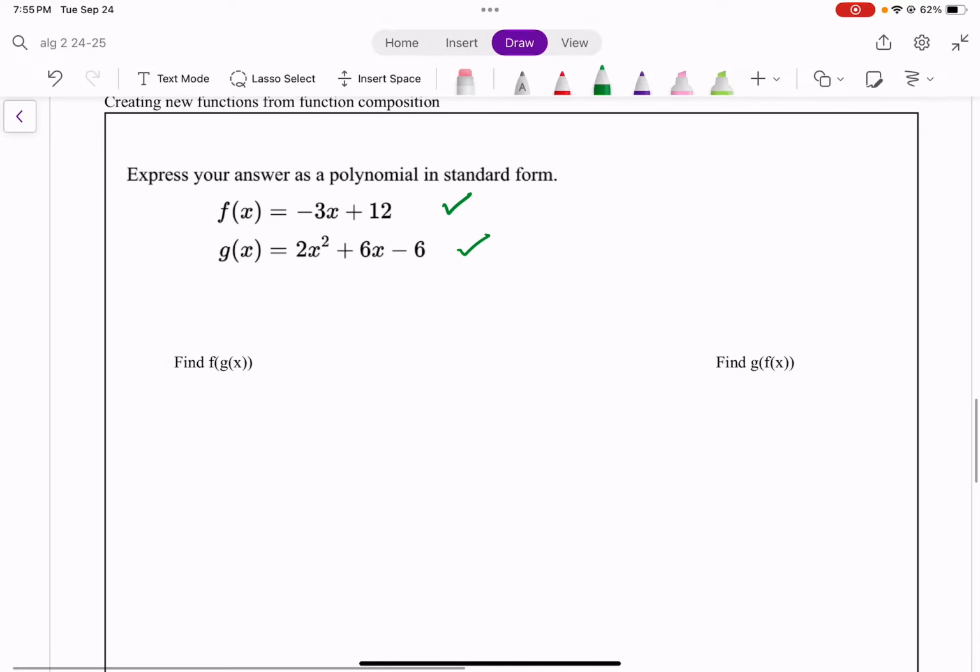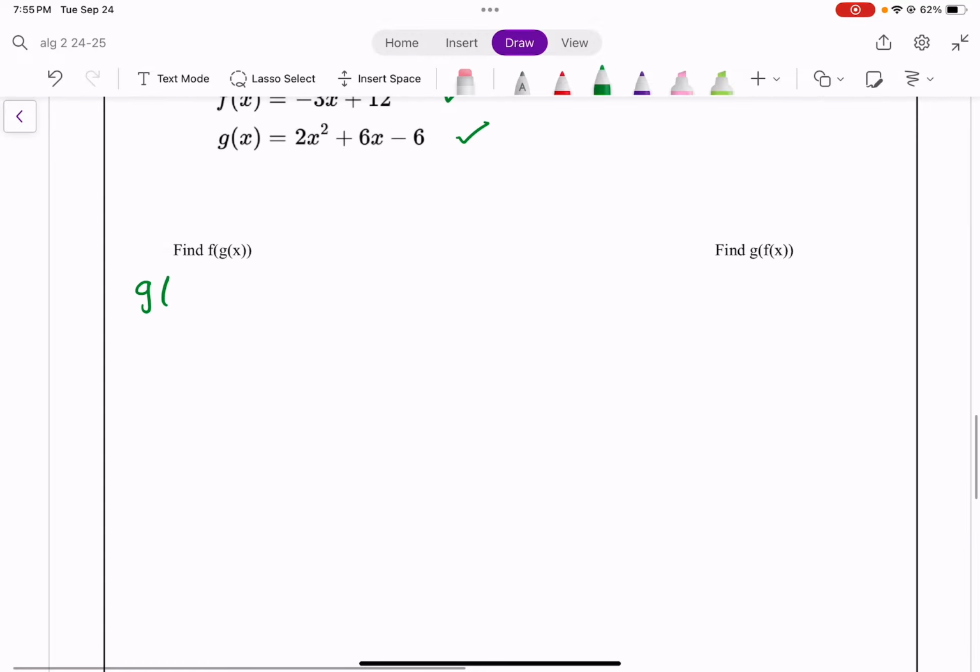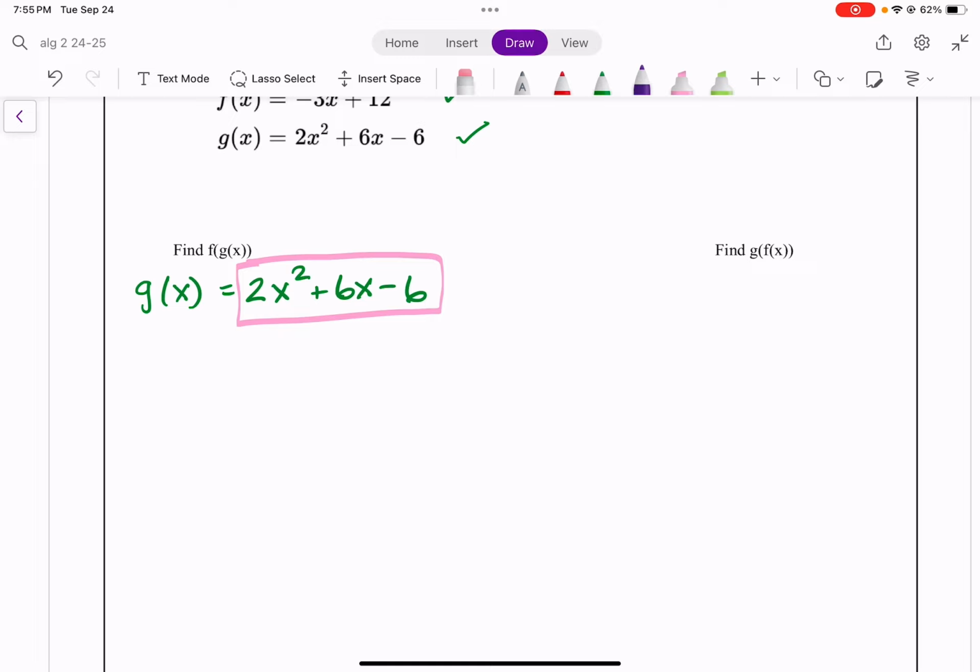So we know that the output of g of x is just 2x squared plus 6x minus 6. That was just given to us. So what we're going to do is this output is going to become the input for f of x.